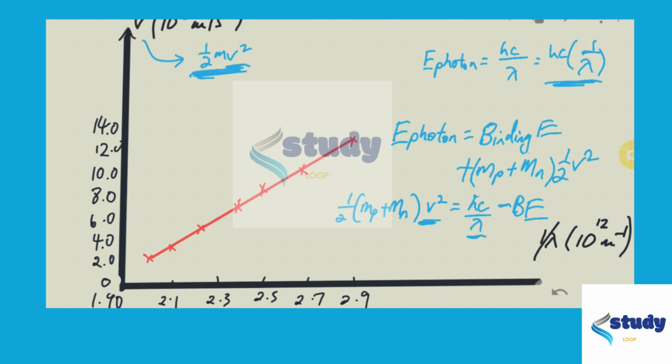Now the next part of this question, we want to find out what is the slope using our graph. Your graph might be slightly different, but the method to find the slope is the same. You take rise over run. So in this case, we're going to try to find the slope.